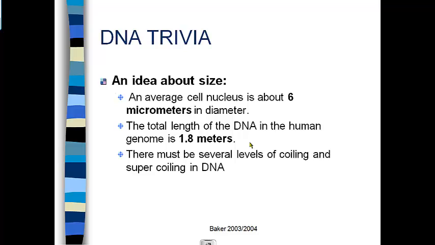It would almost be 2 meter sticks long. And in order to fit all that DNA, because if you think about it, DNA is super small, so the fact that you've got 2 meters of DNA inside of you means you've got a ton of it. In order to fit all of that into the nucleus of a cell, you actually have to coil it and super coil it, so it's coiled super tight together.